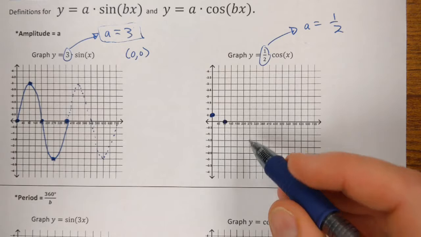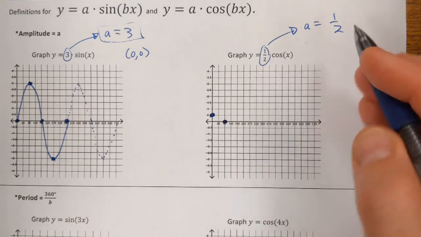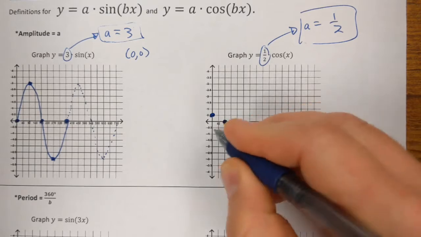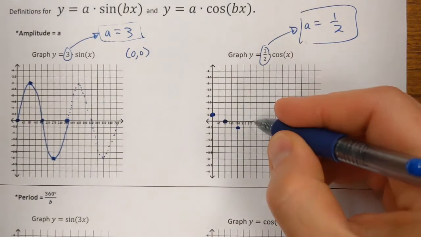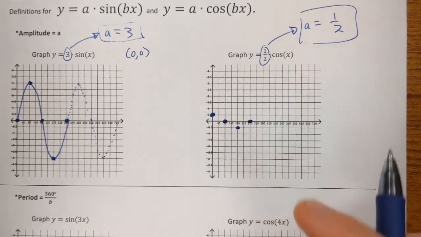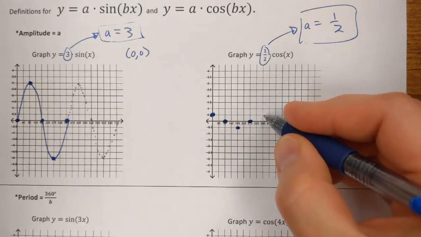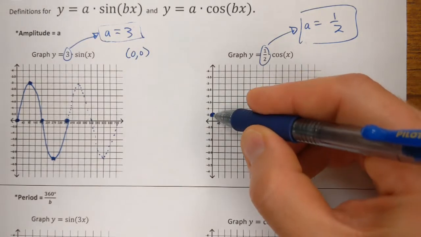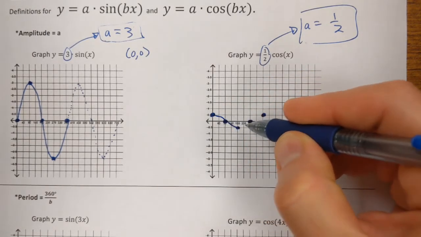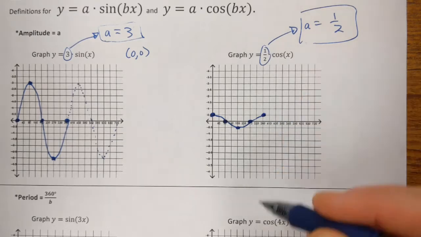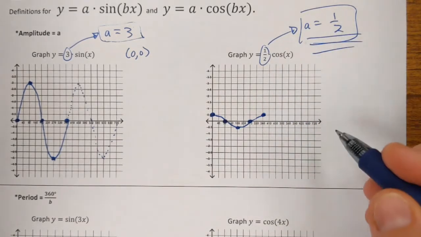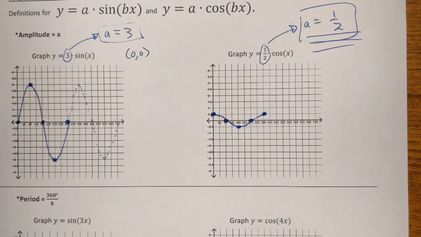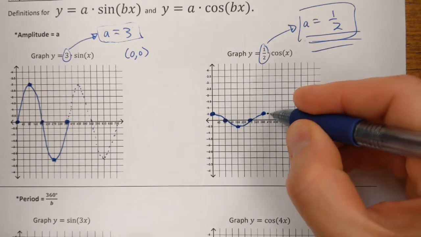Now 90 degrees later, this graph is going to reach its extreme low, which, because the amplitude is only 1/2, is -1/2. 270 degrees back to the x-axis, and then at 360 degrees back to its extreme high. Remember, cosine begins and ends at its extreme highest point, but in this case, that highest point is only 1/2. So here is the first cosine cycle, and of course this would continue.